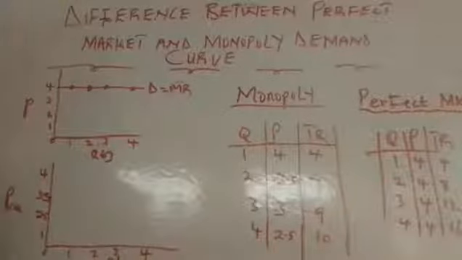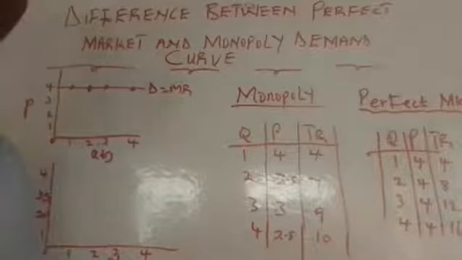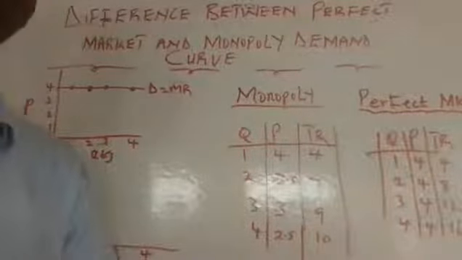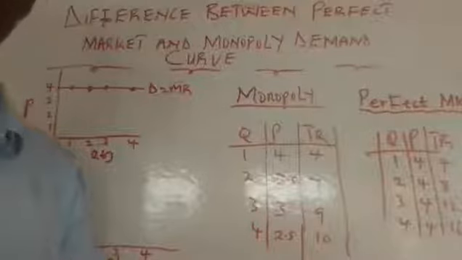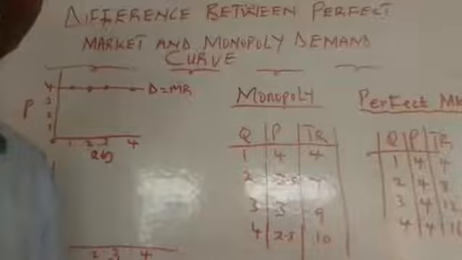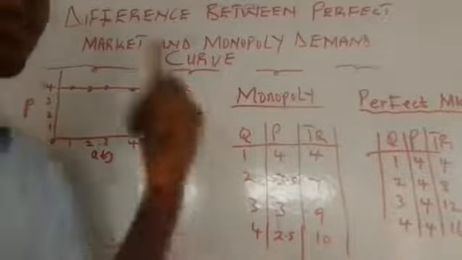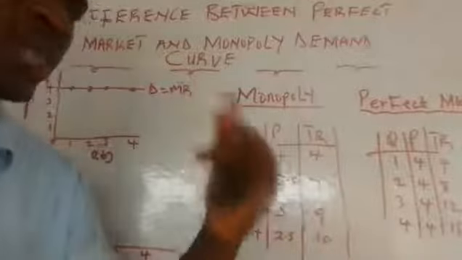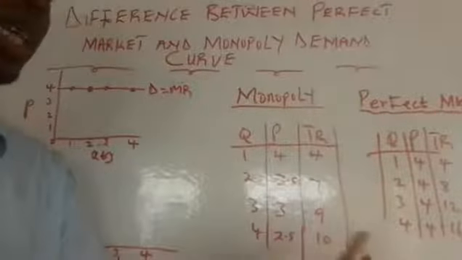Now, let's look at the monopoly market. In a monopoly market, a monopolist has the power to influence the price, unlike a perfect market whereby the forces of demand and supply determine the price. But a monopolist cannot determine both the price and the quantity demanded that will be purchased.